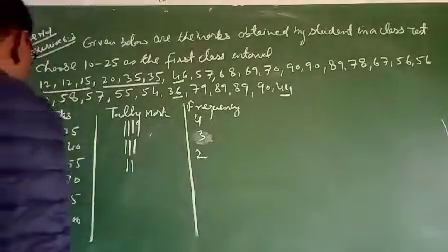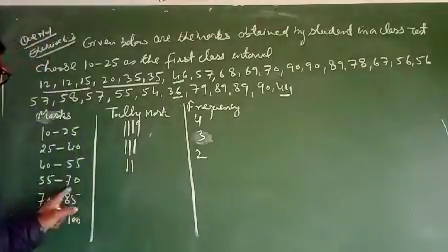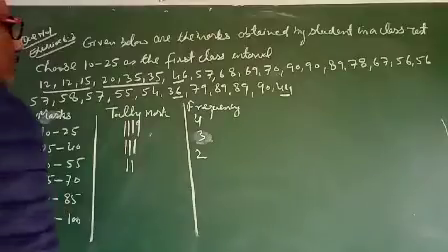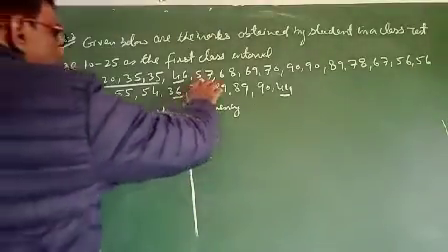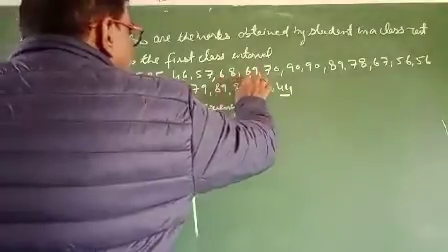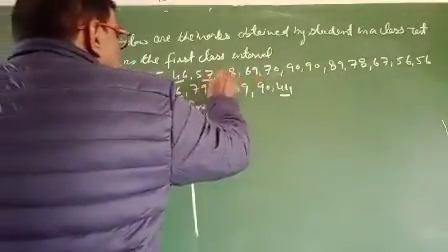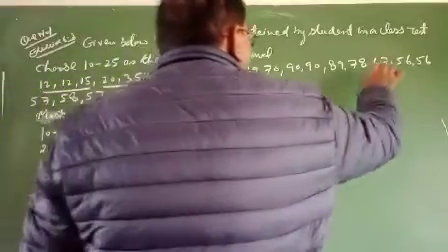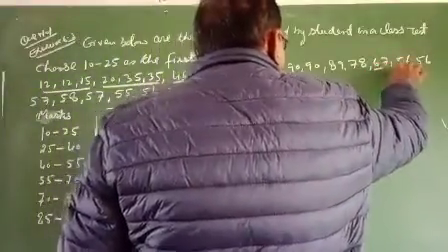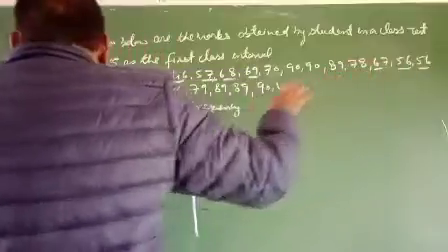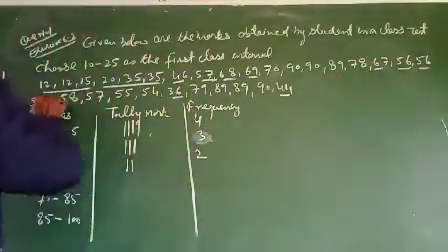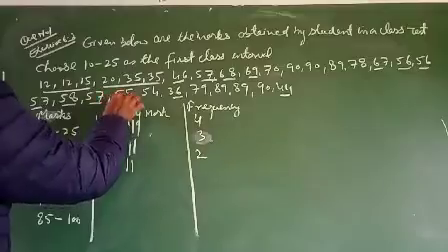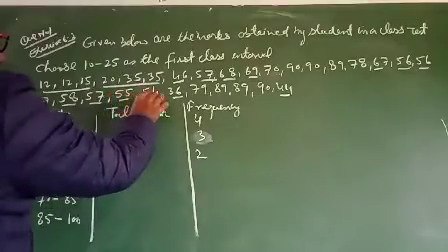Now I will find the number of students who got marks between 55 and 70. Therefore, 1, 2, 3, 4, 5, 6, 7, 8, 9, 10.